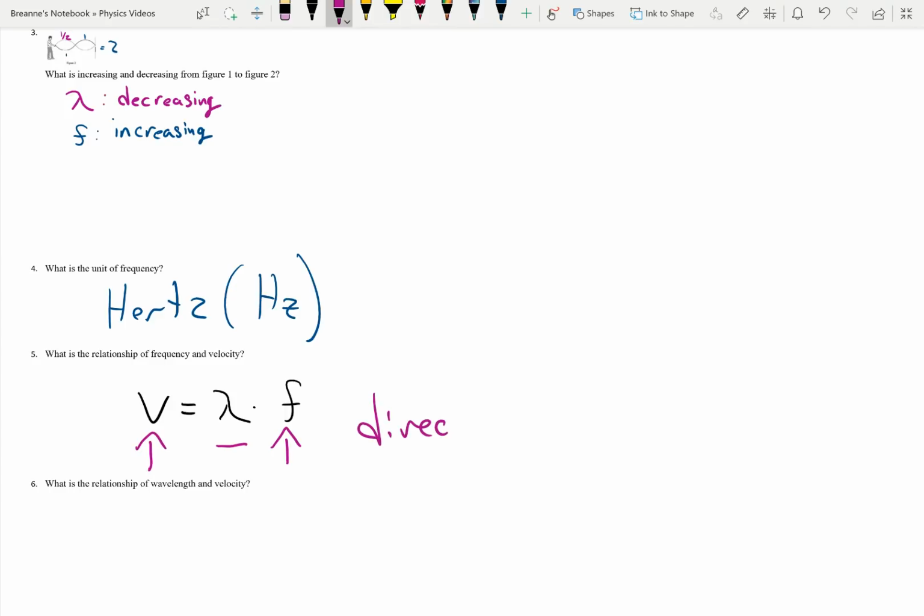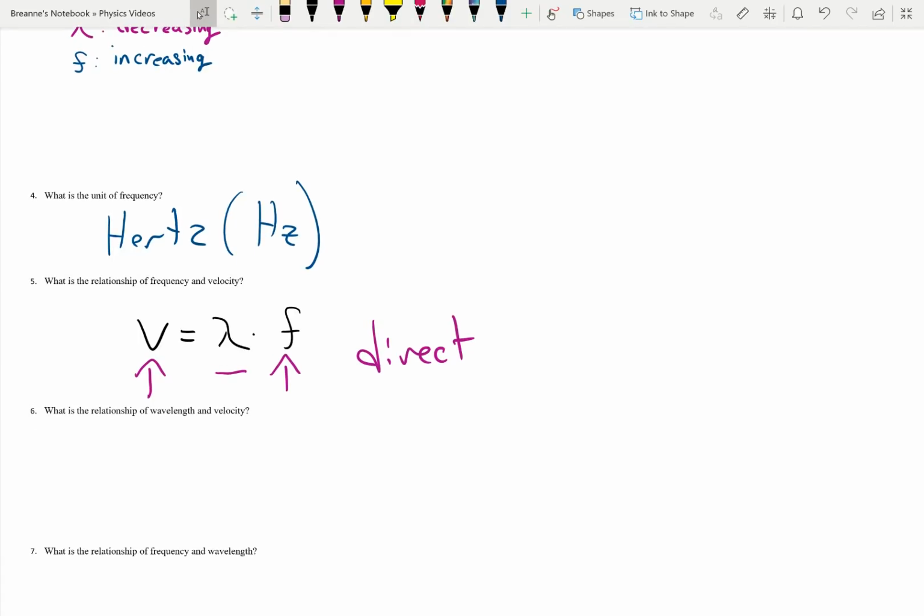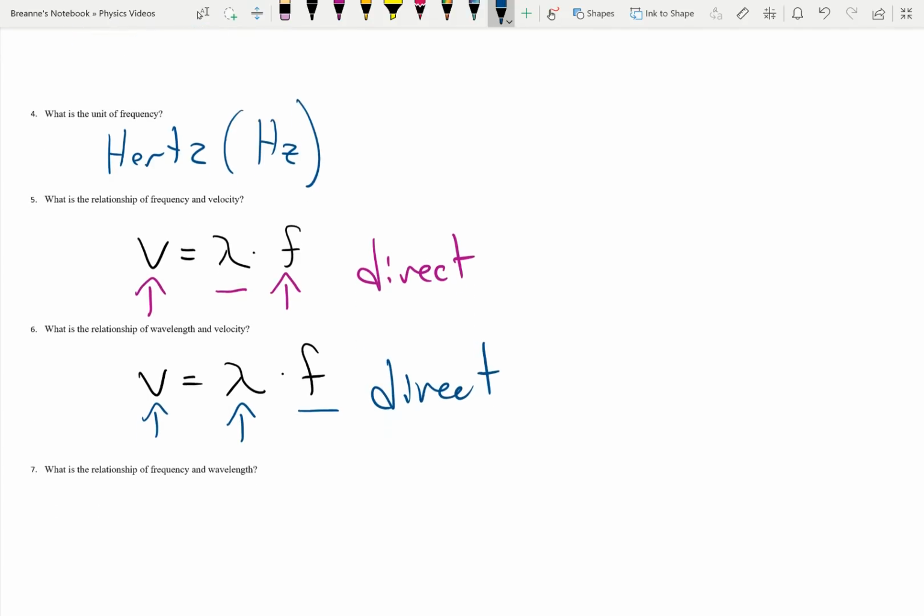That is a direct relationship. What is the relationship between wavelength and velocity? Again, if our frequency stays the same and our wavelength increases, our velocity would have to increase. Again, that is a direct relationship.